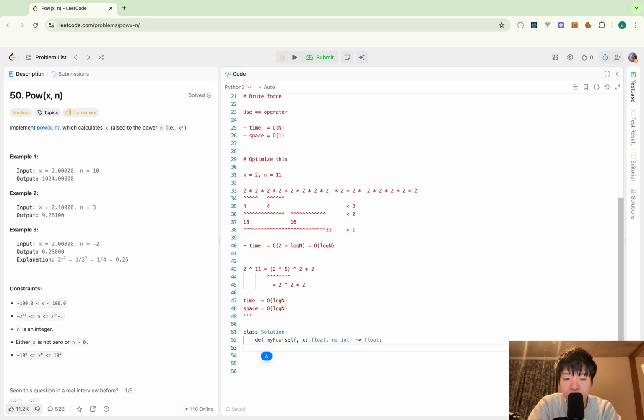I can call this recursively, but the base case is if n is equal to 1, I return x. And if, so res should be this.